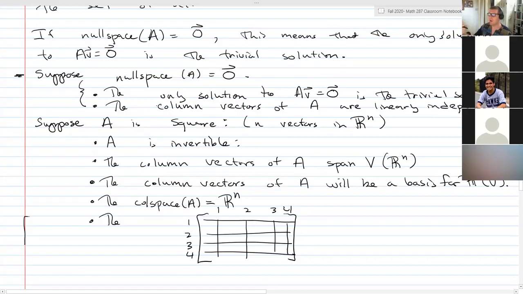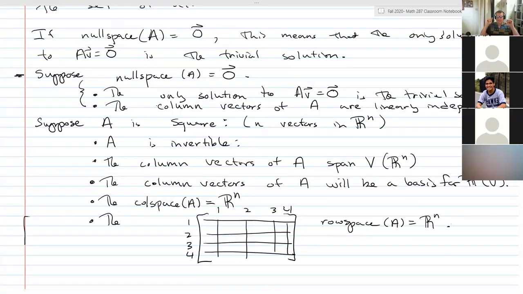And because A is invertible, we know its row reduction is going to have no 0 rows. What that means is that the row space of A is equal to Rn as well. So the row space of A is equal to Rn, and the column space of A is equal to Rn.